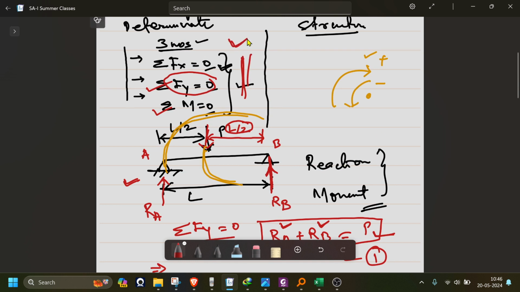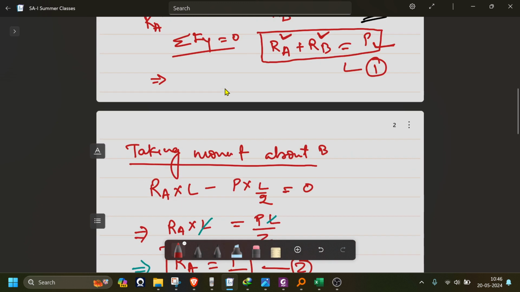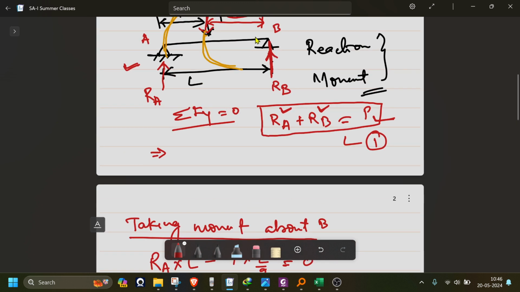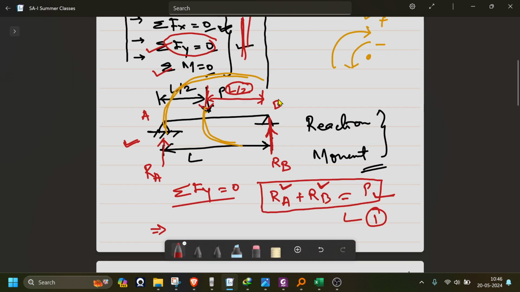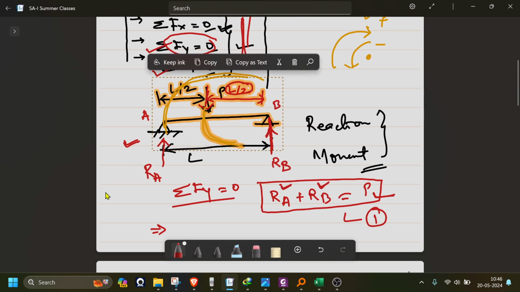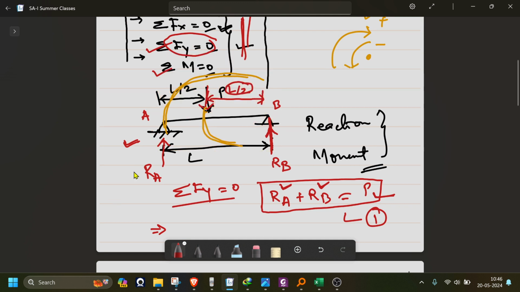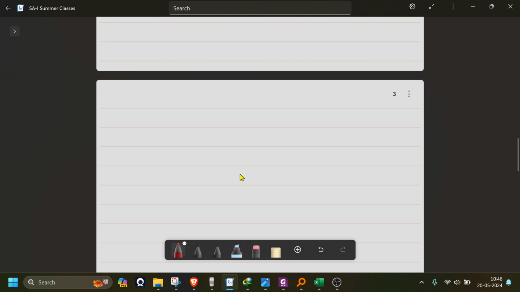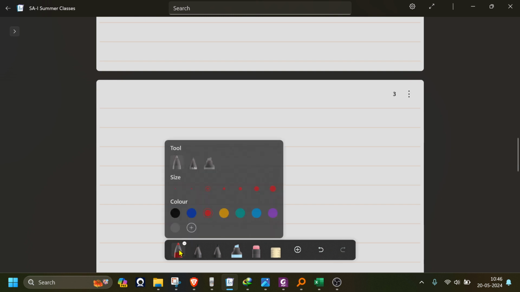Apart from the equilibrium equations, we would require other equations to solve it. So let's see why this simply supported beam became a determinate structure.